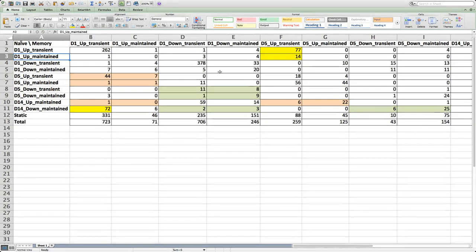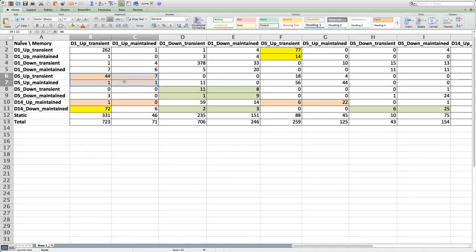So what we can see here, and I'd like to thank Andrew for highlighting some of these, is that the ones highlighted in red went up initially in both naive and memory, but they went up earlier in memory than in naive.